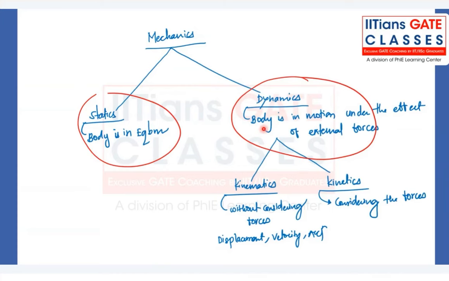In kinematics, without considering the forces, we will focus only on displacement, velocity and acceleration, whereas in kinetics we'll understand the effect on the body considering the external forces which are causing that motion. That is the difference between these two branches. Kinematics means without considering the forces, kinetics means considering the forces.